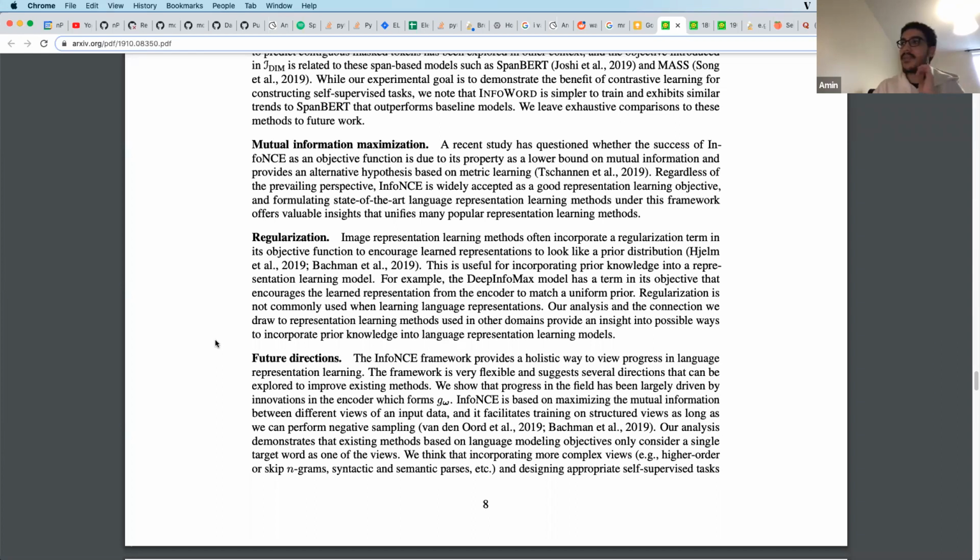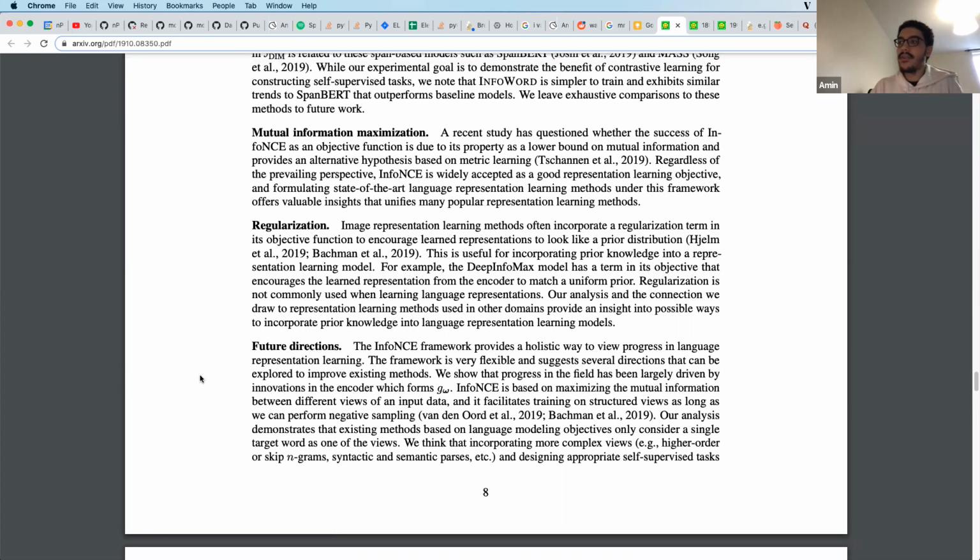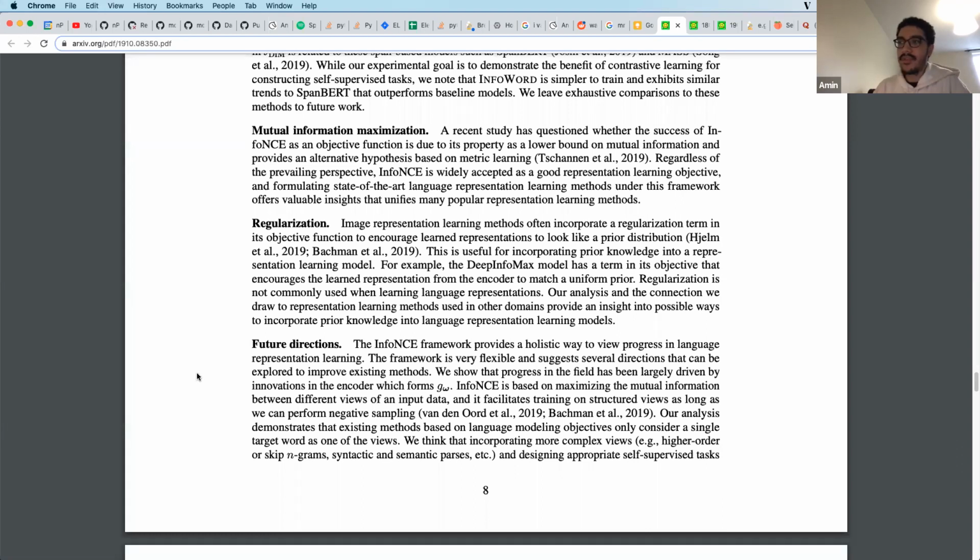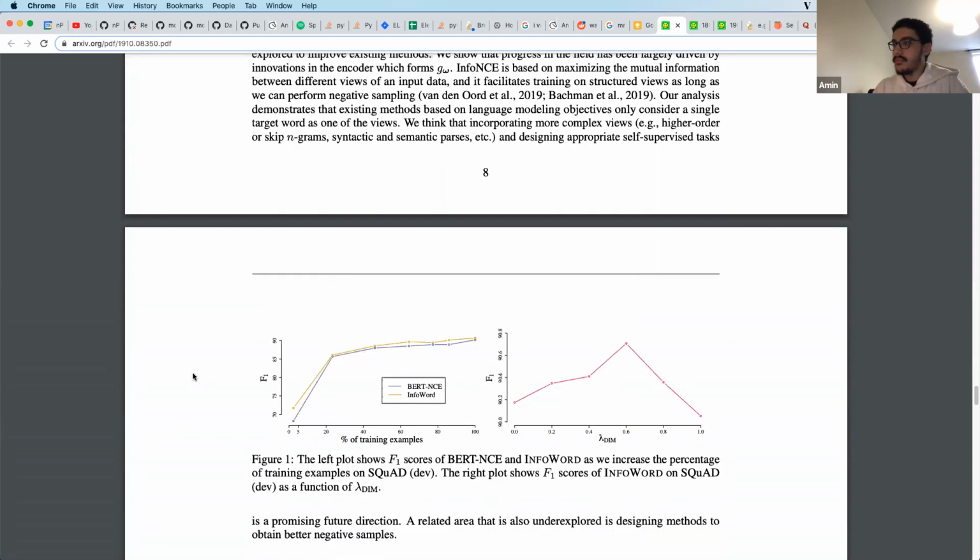You have great choice as to which views of a sentence you would use, and so they talk about how the future directions of this approach are exciting because they think including more complex views, like higher order or skip n-grams, could lead to some interesting results in the future.